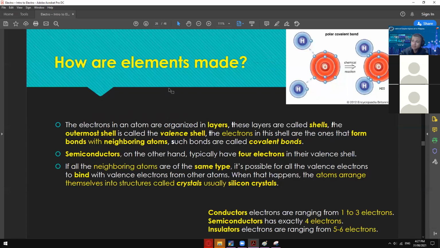So, how are elements made? Again, we have this bond. I hope you already learned this in physics. We have covalent bonds. By combining elements, it can come up with other elements. For example, combining hydrogen and oxygen will give you H2O.